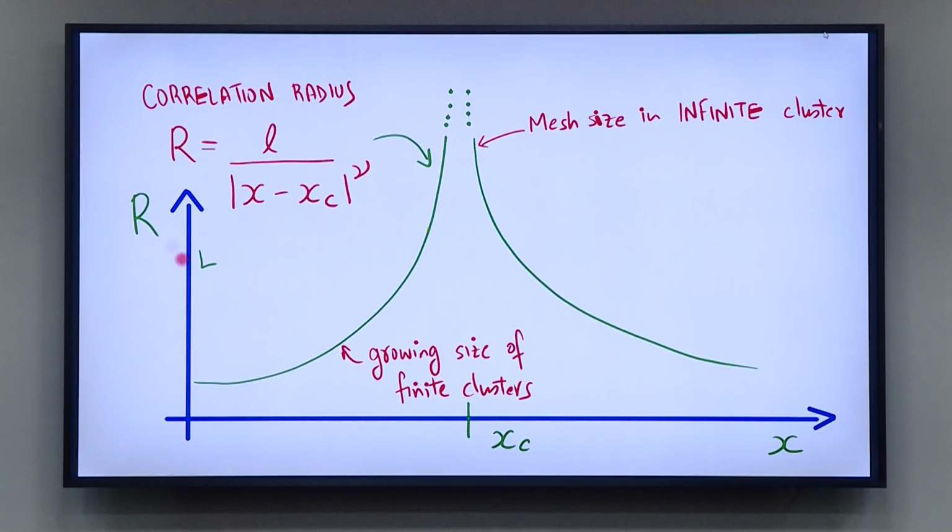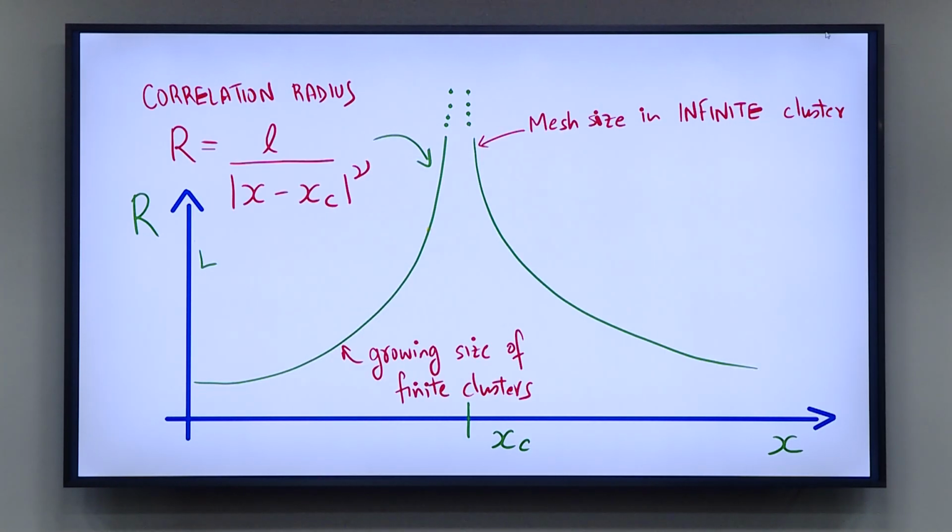Now let's plot this correlation radius R versus X. What is it physically representing? If X is less than XC, that is, below the percolation threshold, then this is a quantity which diverges as you approach XC.